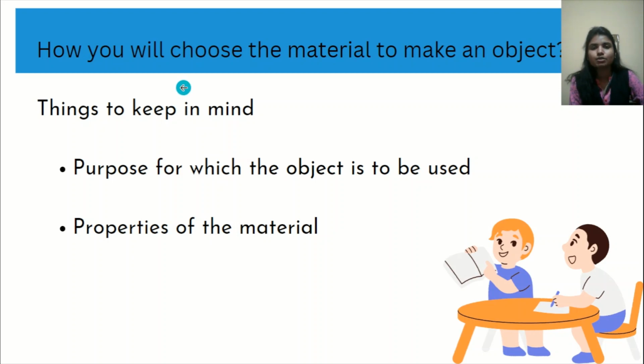So why do we need to choose our material while we are making an object? As we know, all the objects cannot be made up of the same material. For example, our very own book and the notebooks. We cannot prepare them from metal or wood.